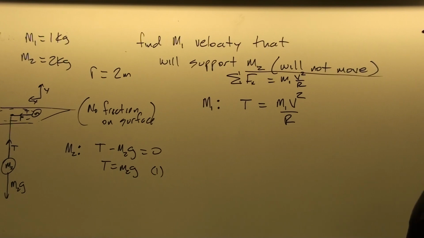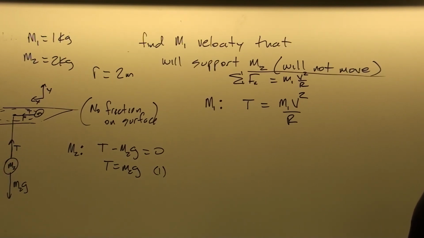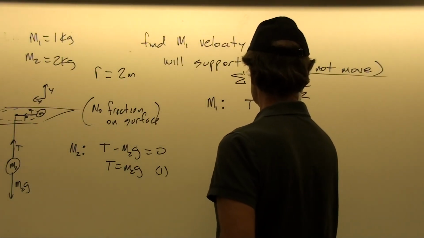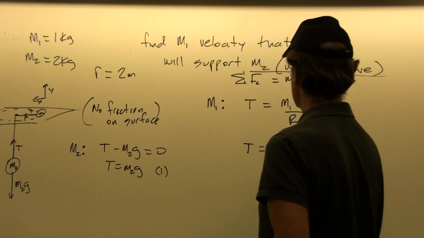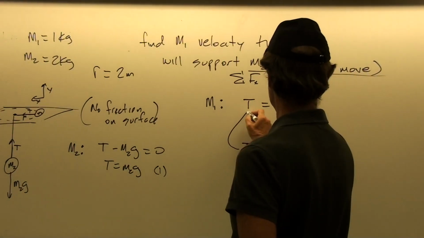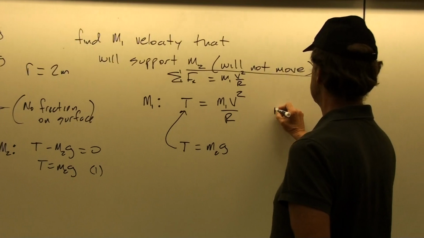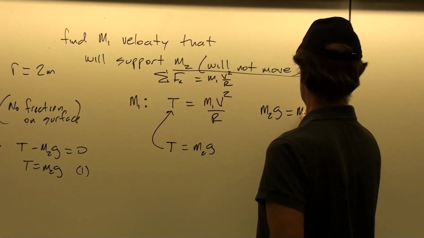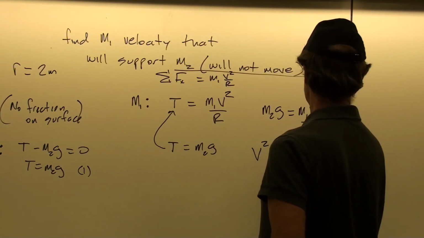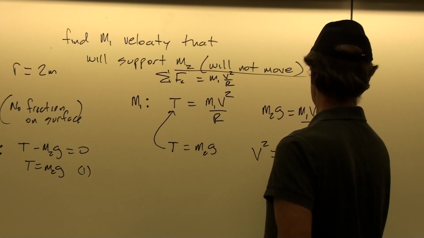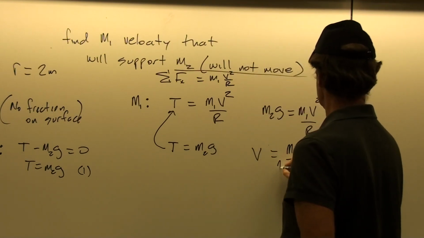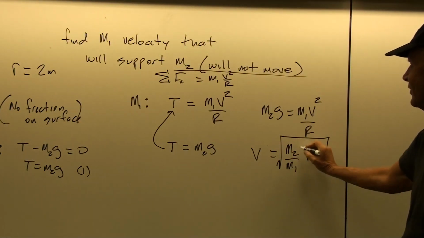So we can solve this for V. But before we do that, let's also note here that T is equal to M2G from equation 1. Okay? And so I can take that value for the tension and plug it in there. That gives me M2G equals M1 V squared over R. Or V squared equals M2 over M1 times RG, where V is the square root of some numerical constant here.